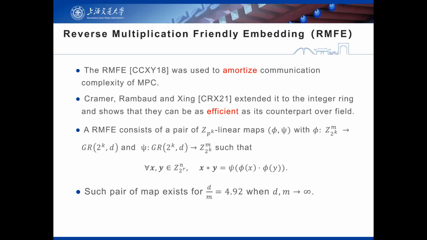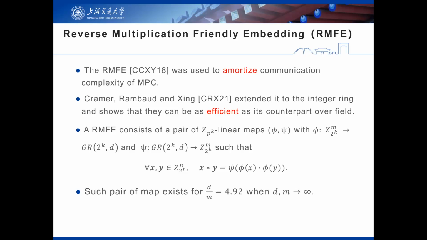So what is RMFE? Here I use the integer ring version, not the field version. We have two linear maps. Sorry, it should be Z_{2^k}, and p^k is also doable; here's a typo. The map phi goes from Z_{2^k}^m, m-dimensional, to a Galois ring.